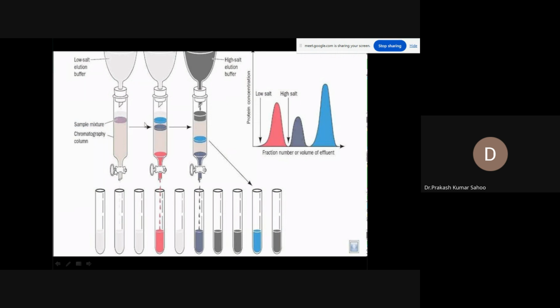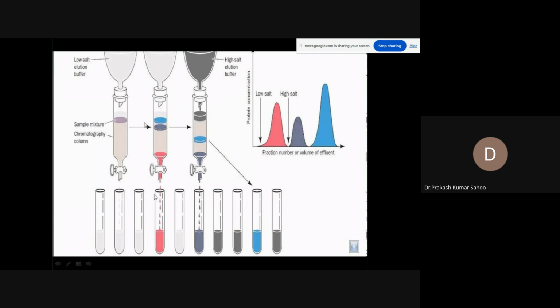This knob is very carefully opened, and gradually when the solvent is passed through the sample, different components are separated based on their retention factor or partition coefficient. Like this, the sample contains three components: a red component, a dark blue and a blue component.